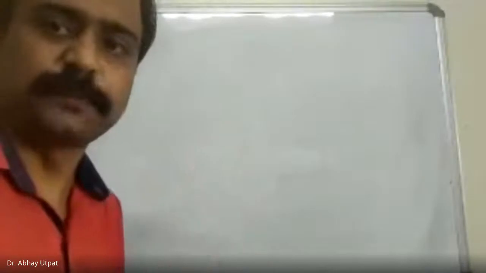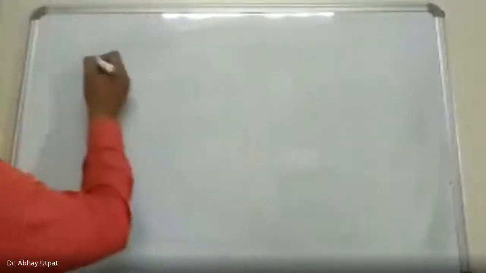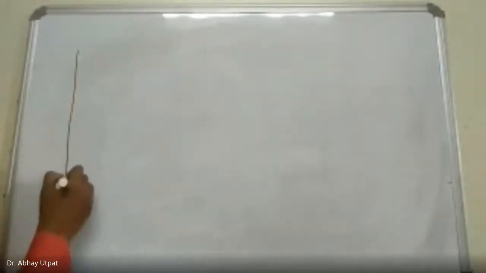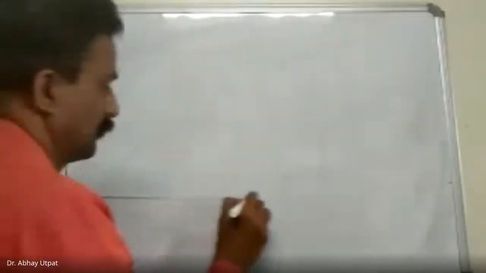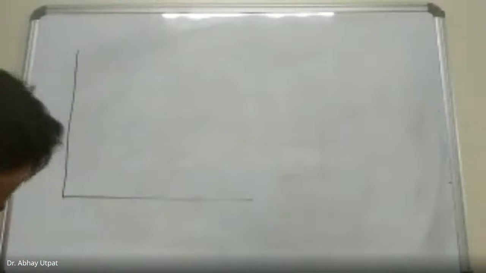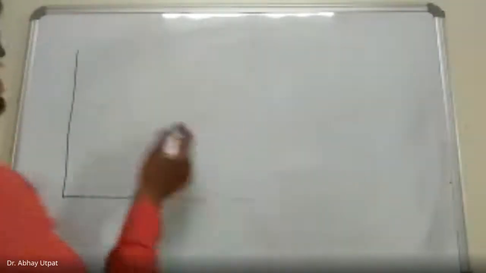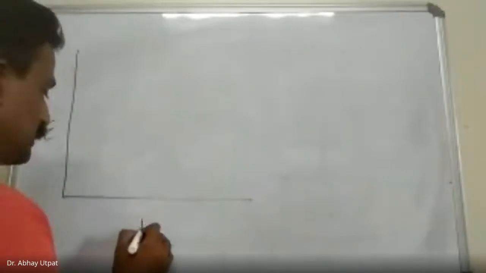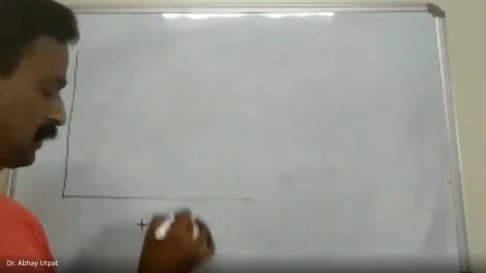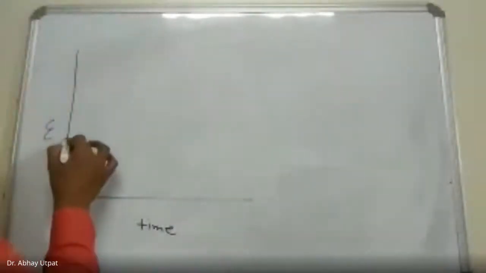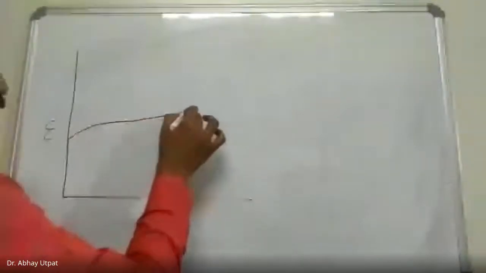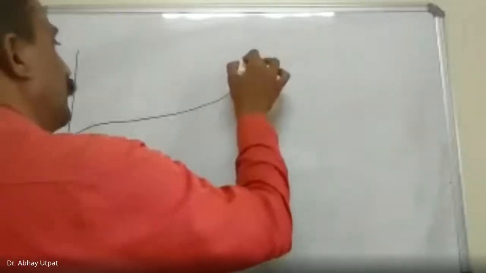It is called creep strain. This is strain, creep strain, and this is time. Usually the curve will start in this way, and then it will continue in this way, and then it will end here.